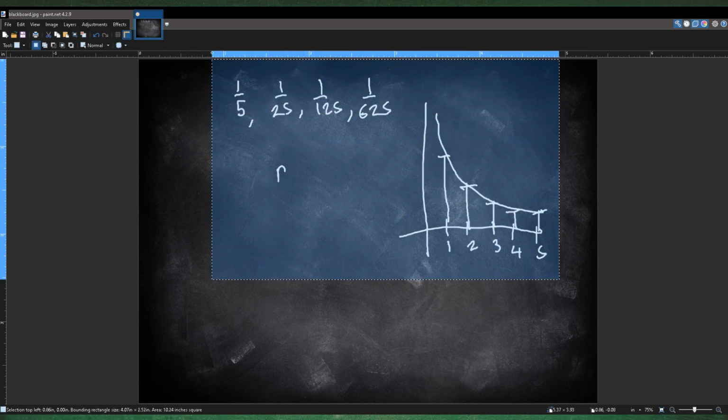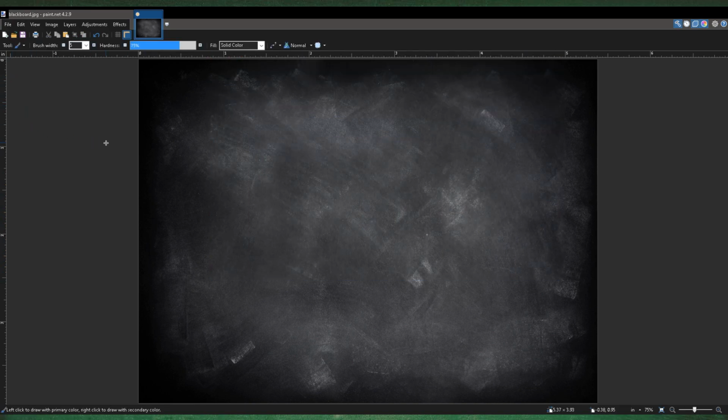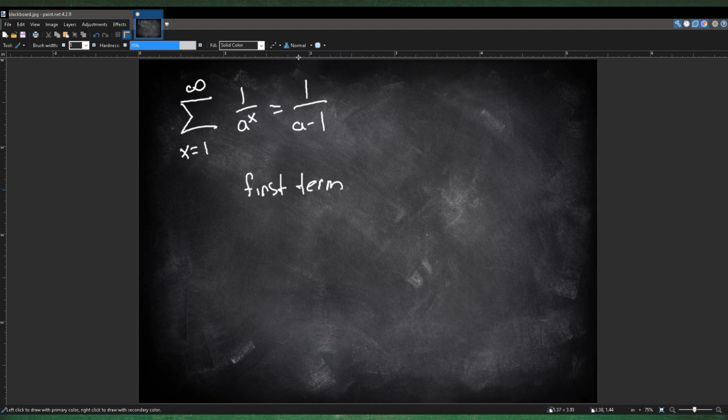It's already proven and given that the summation from x equals 1 to infinity of 1 over a to the power of x is equal to 1 over a minus 1. If you don't know what it is, it usually just means the first term all over 1 minus the ratio.